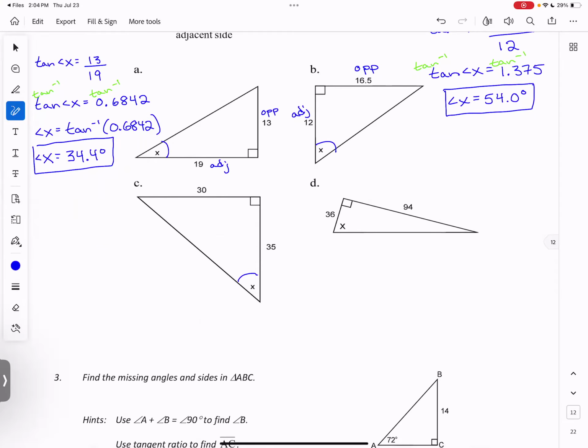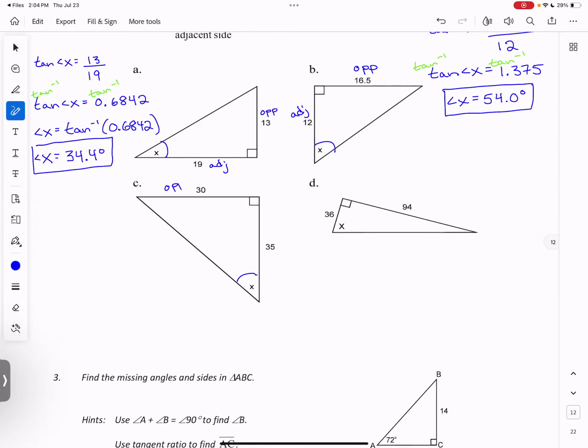Okay, C, we've got our opposite up here and adjacent down here. So tan of angle x is opposite over adjacent, which is 30 over 35. And that is 0.8571, rounded to 4 decimal places.